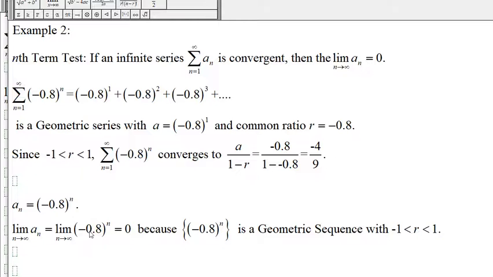Because the common ratio is between -1 and 1, we know that the limit of this sequence must go to 0. And so once again, we have shown that if the infinite series converges to -4/9, then the limit of the corresponding sequence is equal to 0.